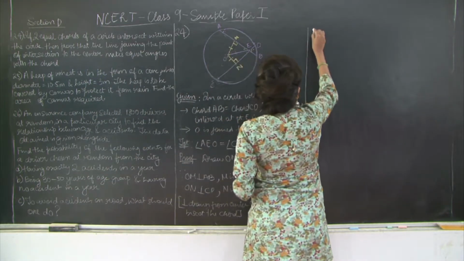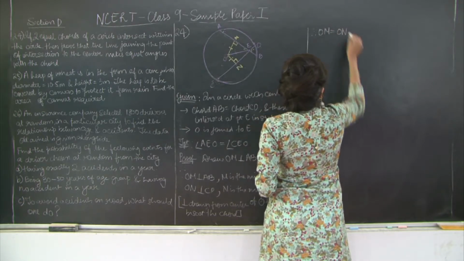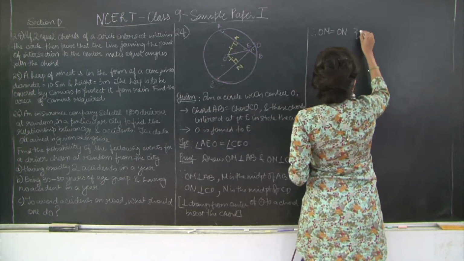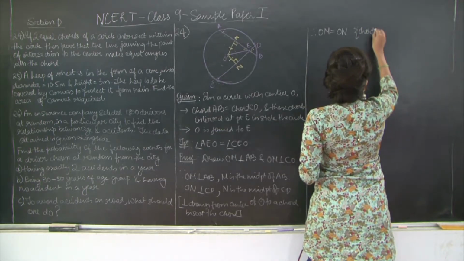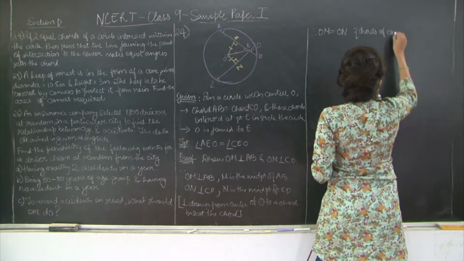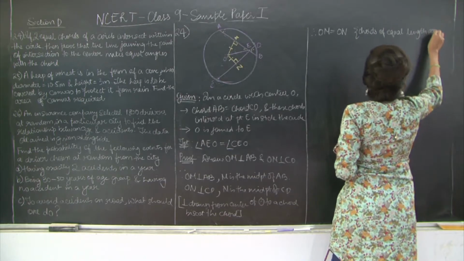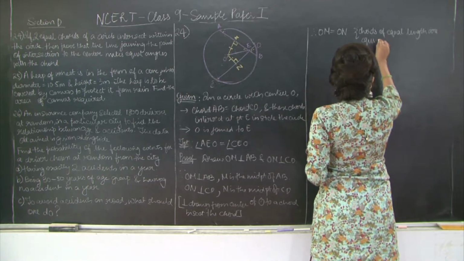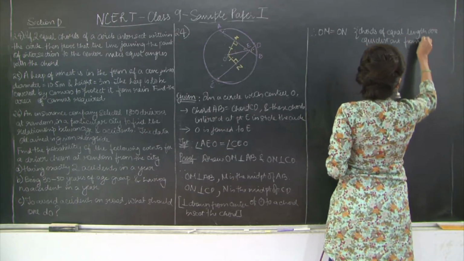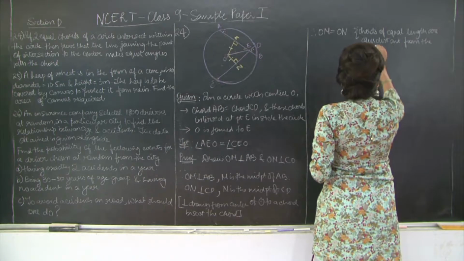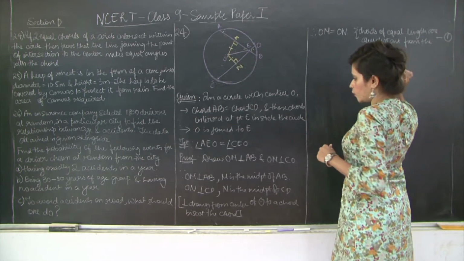So I will say therefore OM is equal to ON, and my reason will be equal chords or chords of equal length are equidistant from the center. This is one of the proofs that we have seen in the chapter itself. So this is point number 1.